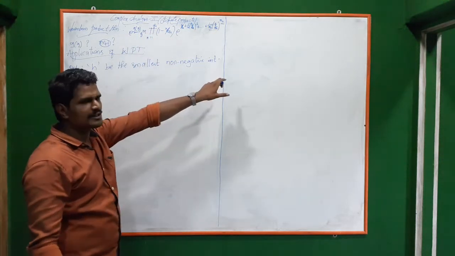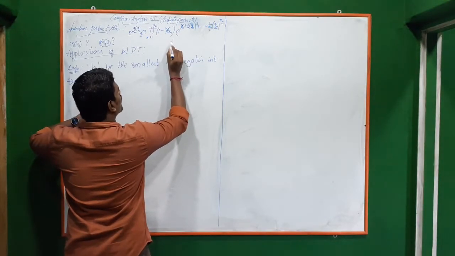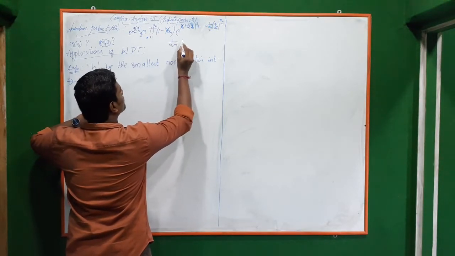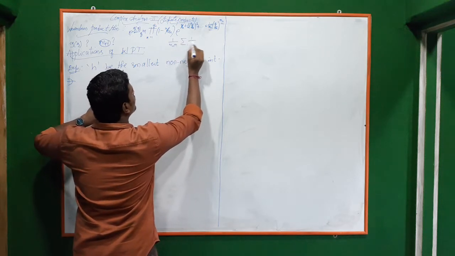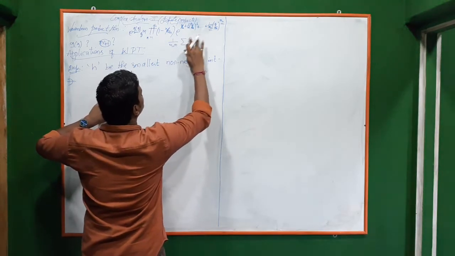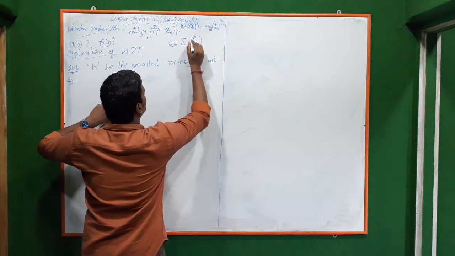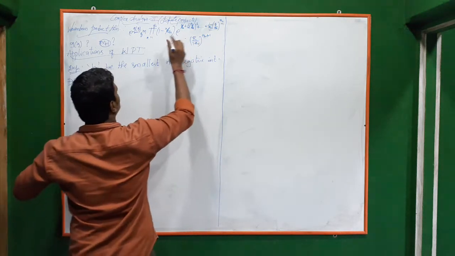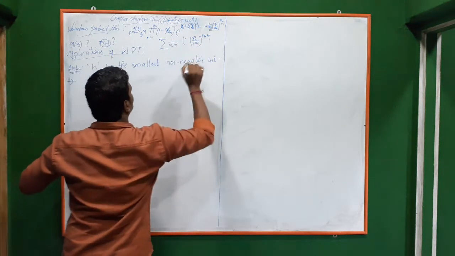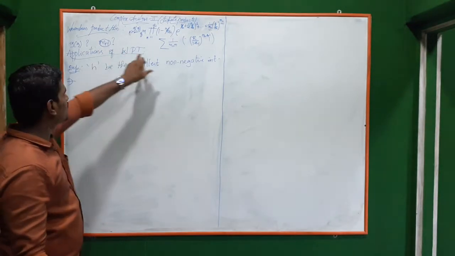There we had a term: the summation of 1 by (m_n + 1) times summation of r by mod a_n to the power m_n + 1. So we have to find this m_n such that this happens.